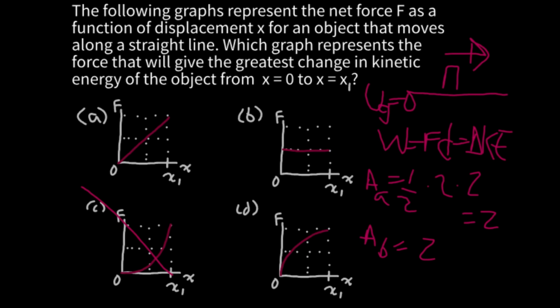These two are equal, meaning neither of them is the right answer, and you can confirm that by looking at D, which has this entire square, and know that these graphs are all to the same scale, plus a majority of this square and this square. So D clearly has the largest area, therefore a force like that will give the greatest change in kinetic energy for that object, thus the greatest work done.